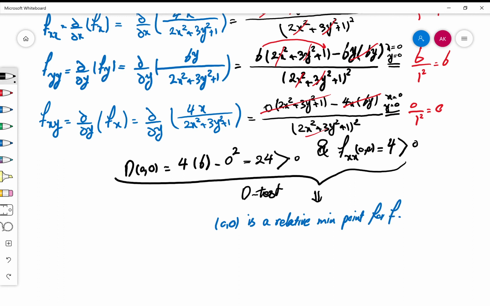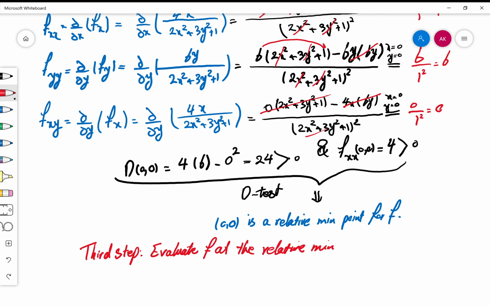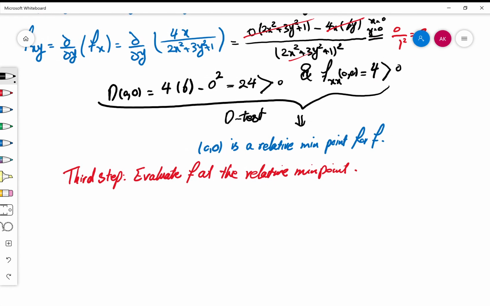Very nice. Now the third step comes in. The third step is to evaluate f at the relative min or extreme point. By definition, the relative min value of f is f at (0, 0).